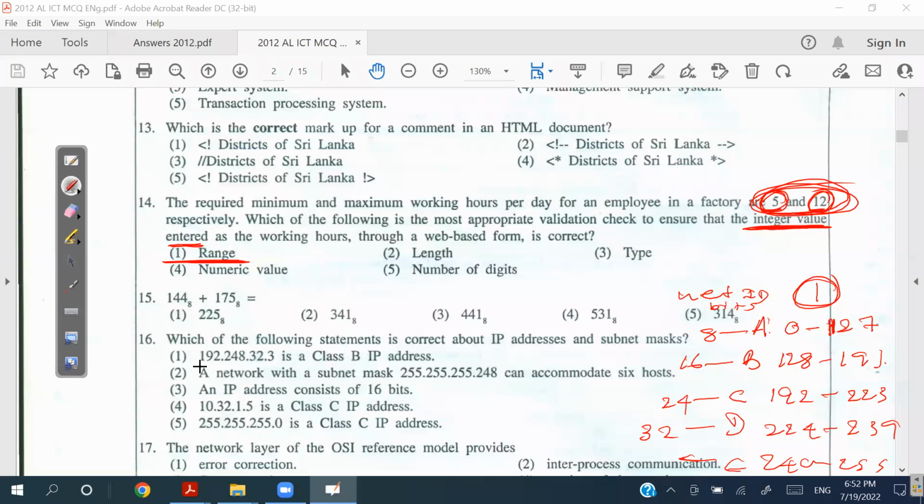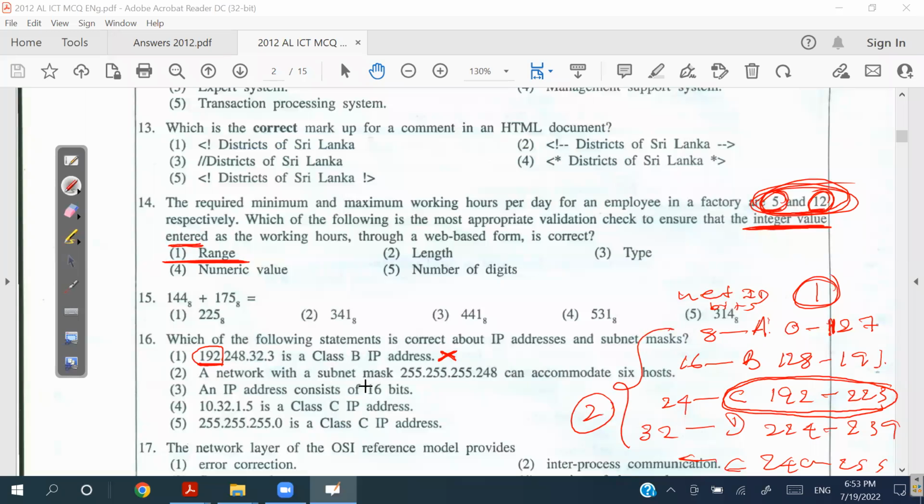Right, so 192 clearly says it is wrong, because 192 gives the chance to become a class C IP address, not a B IP address. So definitely it is wrong. Both the factors should be satisfied. Now this dissatisfies the very first factor, which is the first octet value.